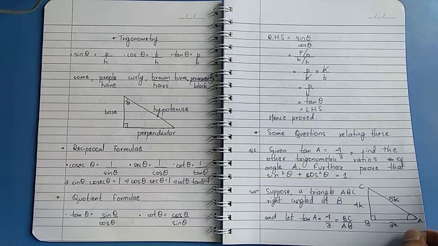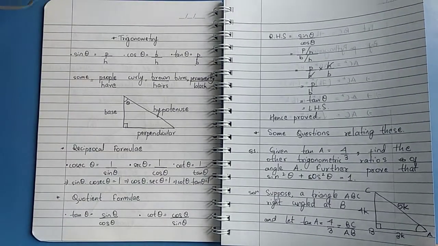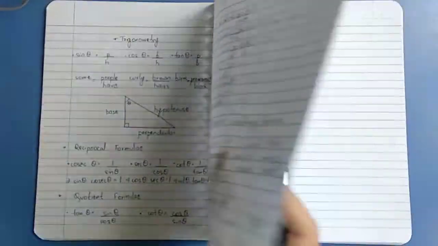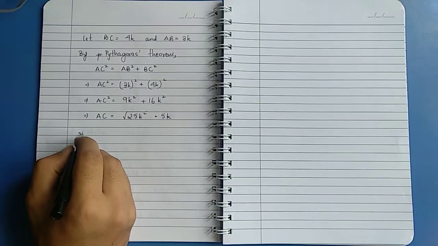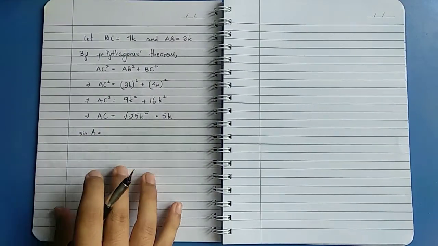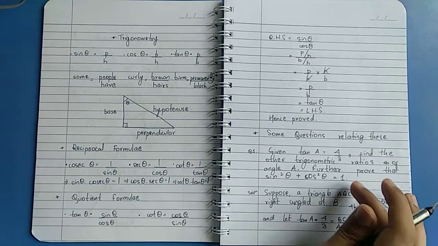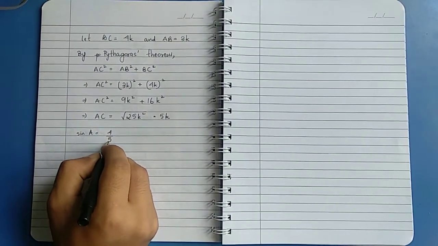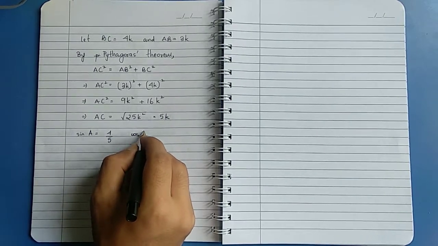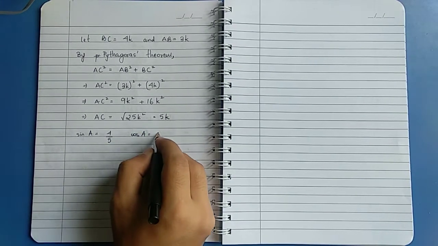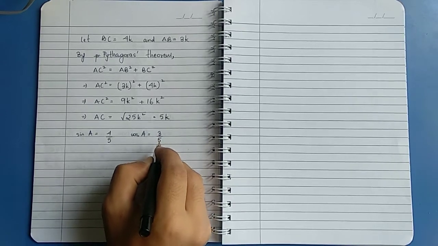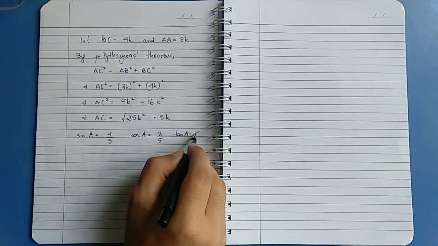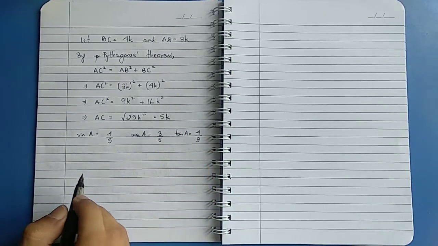Now we need to find all the trigonometric ratios. So sin A becomes perpendicular by hypotenuse, so 4 by 5. Cos A becomes base by hypotenuse, 3 by 5. Tan A was given to us already, perpendicular by base.